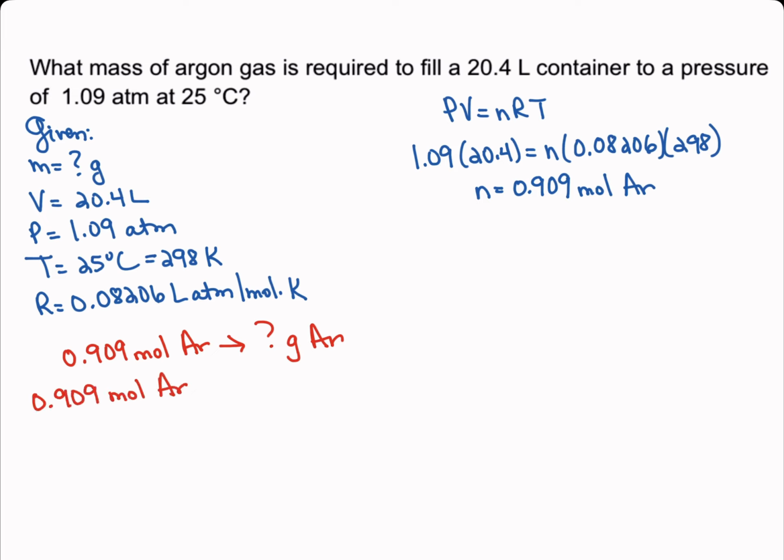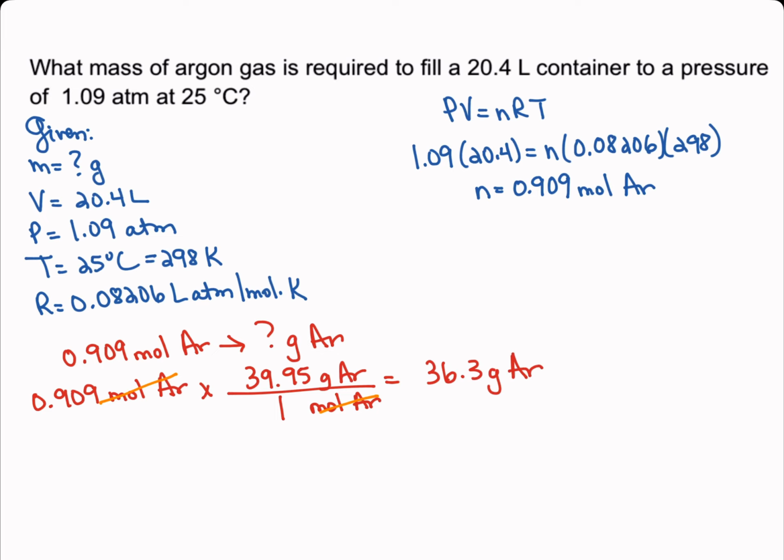If moles of argon is in the numerator, then moles of argon needs to go in the denominator. I'll take a look at the periodic table and I see that 1 mole of argon is equal to 39.95 grams of argon. Moles of argon cancel out. I'm left with grams. So my final answer is 36.3 grams of argon.